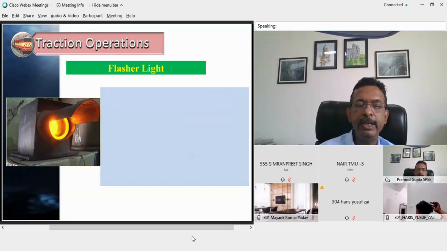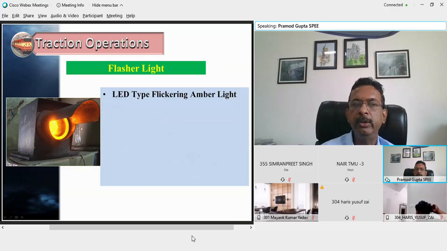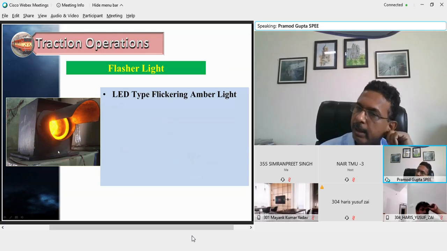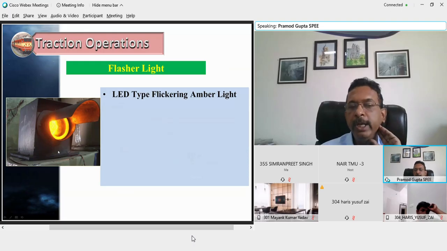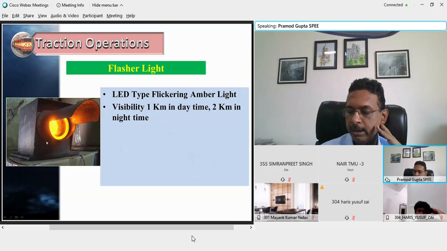The flasher device is one of the safety devices that is available on the locomotive. It is an LED type flickering amber light. We use amber light because the visibility is very good. On a clear day, the visibility is 1 kilometer during the daytime, so you can imagine the intensity of light that we have.